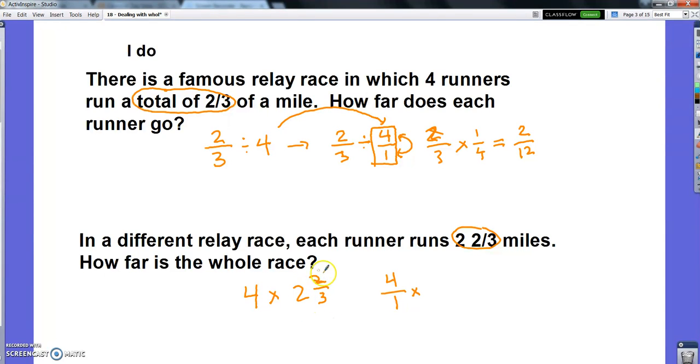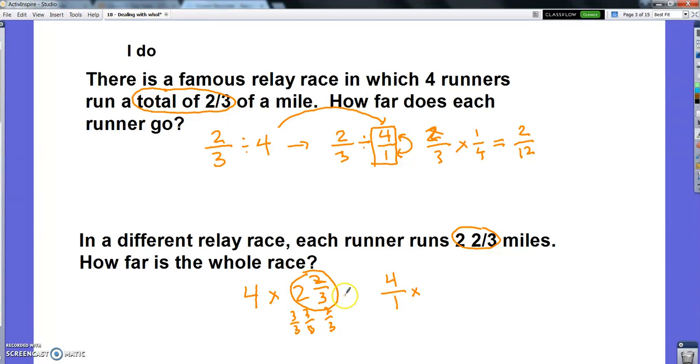And I can't really do my algorithm because of this. I can't do my numerator times numerator, denominator times denominator algorithm for multiplying because of the whole number. So I'm going to change this into a fraction too. So this is like saying each whole is 3/3. So this is 3/3 and 3/3 makes 2 wholes and 2/3.